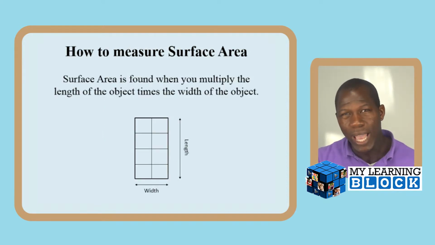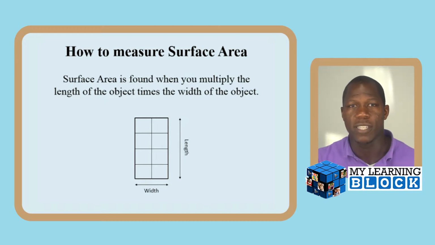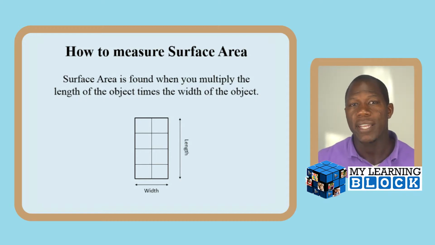Now, how do we measure surface area? Like I said before, surface area is about the square units that are within an object. But there are quick ways that your child probably already knows that can help them with this process. One being multiplication arrays, right? You've worked with your child with arrays.